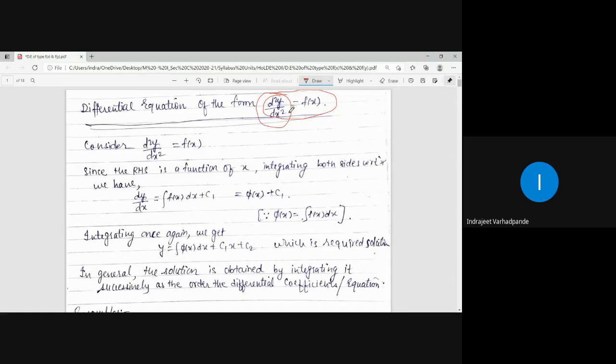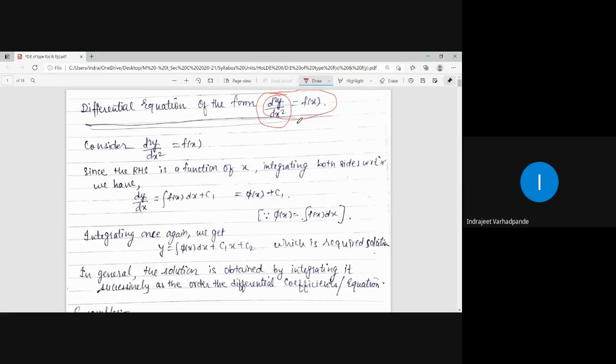But the peculiarity or the difference between the earlier higher order differential equations which we have discussed and this one is that it only contains the form or the type d2y by dx square in the LHS.